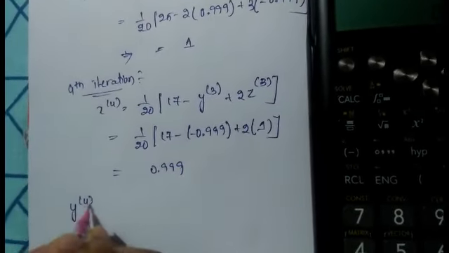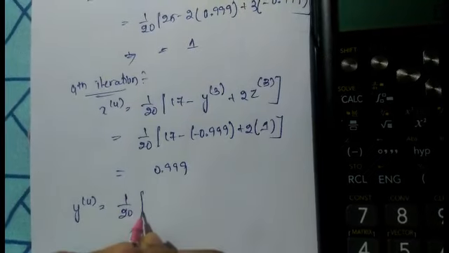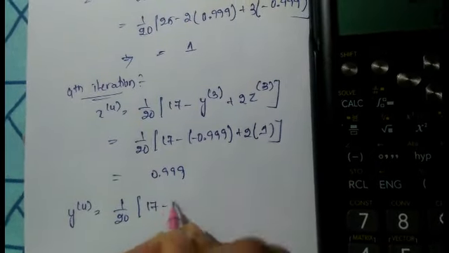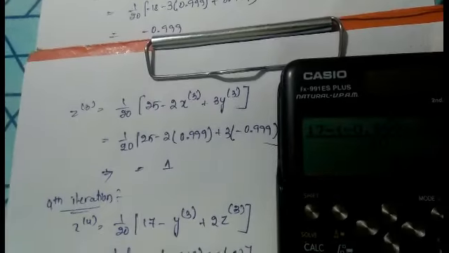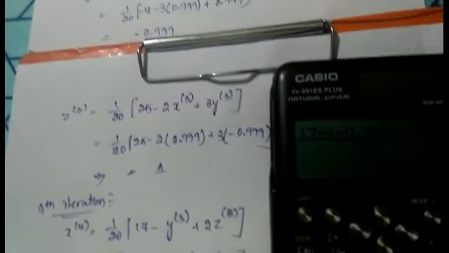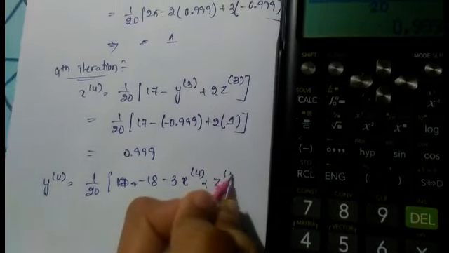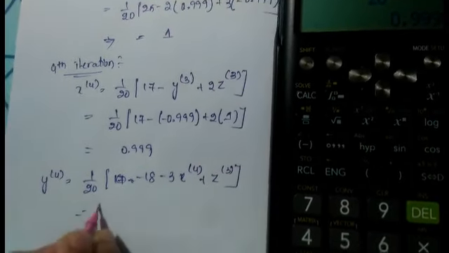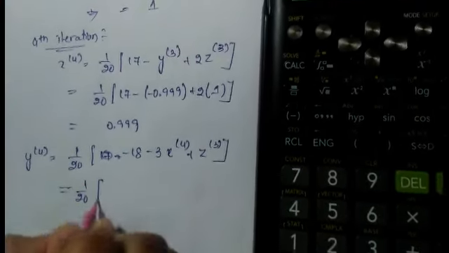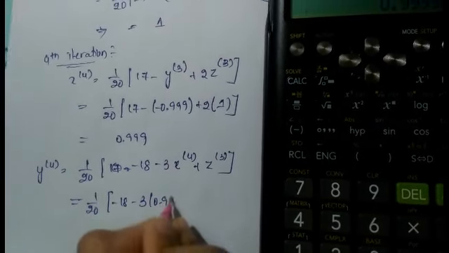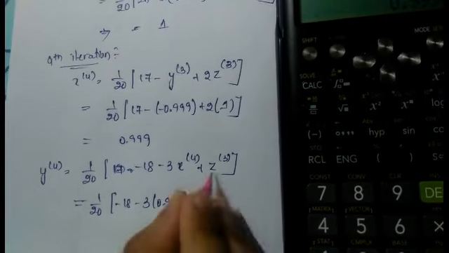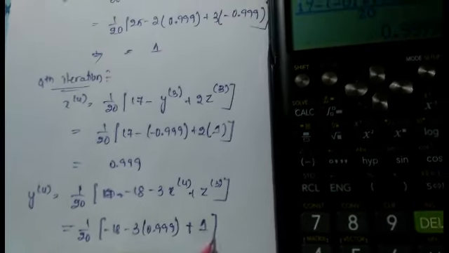Similarly, y of 4 equals 1 by 20 of minus 18 minus 3 into x of 4 plus z of 3. Then that equals 1 by 20 of minus 18 minus 3 into x of 4, we got it as 0.999, plus z of 3 is 1.